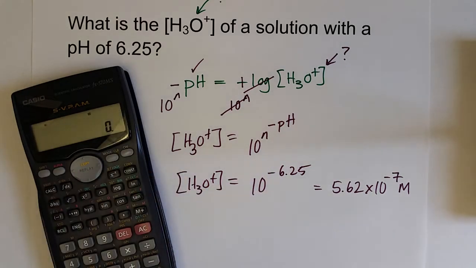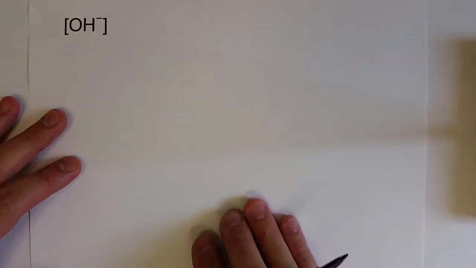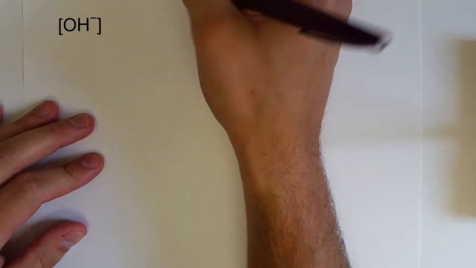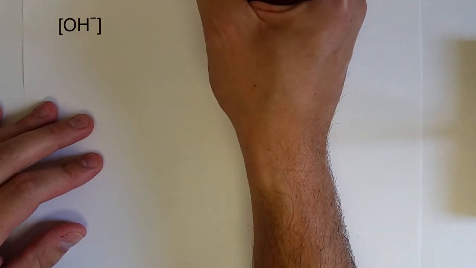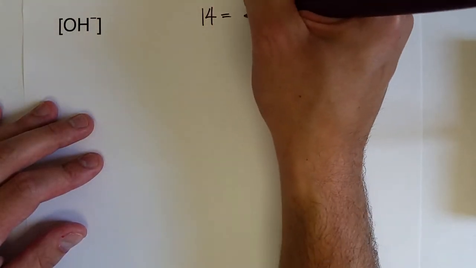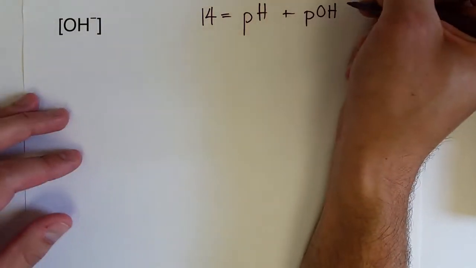Okay. So the other thing we need to talk about is the hydroxide ion concentration, how we could figure that out, or use that to calculate the pH. There's a couple of ways we can do that. From the Kw equation, we could rearrange that to say that 14 is equal to the sum of the pH plus the pOH.